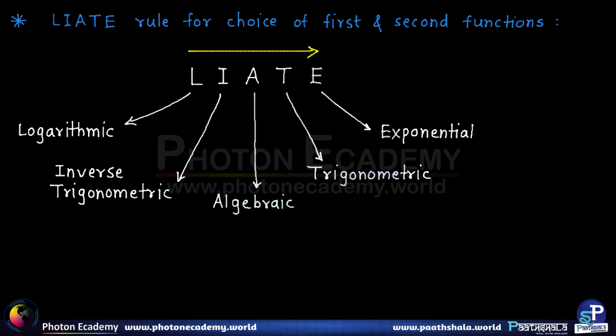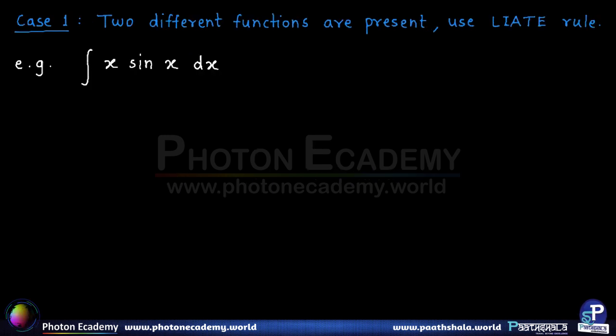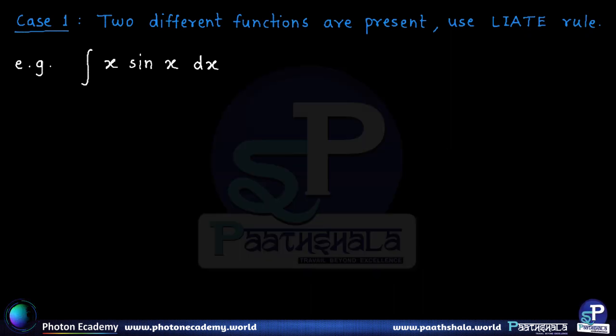Now let's see the different cases of questions in which we can use integration by parts. First case is when two different functions are present in the integrand. So we have to use the LIATE rule. Here is the question: we have to integrate the product of x and sin x.